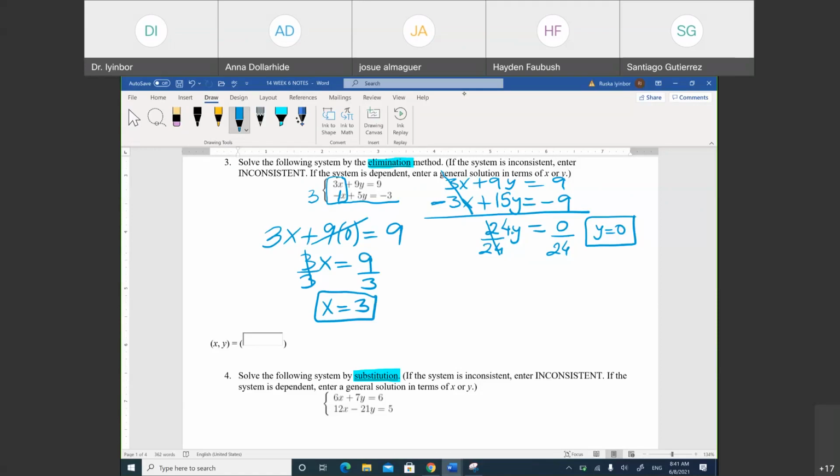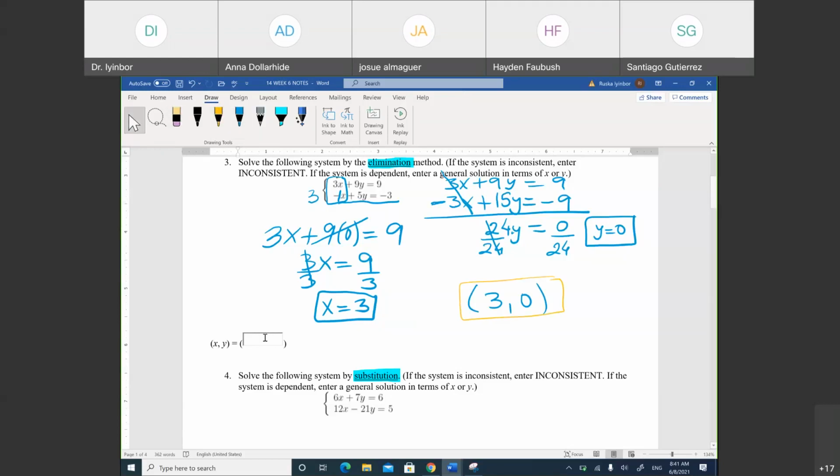Okay, any questions? Now, how you write your solution? The first number is always x, the second number is always y. So my answer should be 3, 0. This is how your solution looks like. 3, 0. Okay, and that's what you're going to put there.